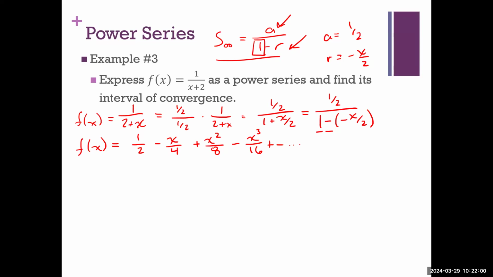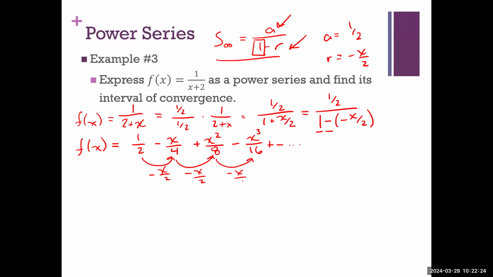Are you using the square? The square? Yeah. On the third term? Good question. How do I get x squared over 8? Basically, these are geometric series, which means that if you know what that common ratio is, you can use it to populate everything.